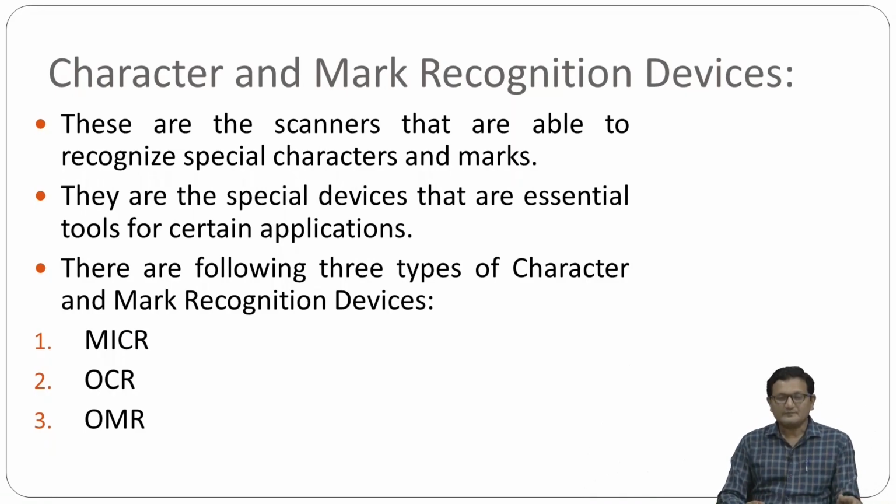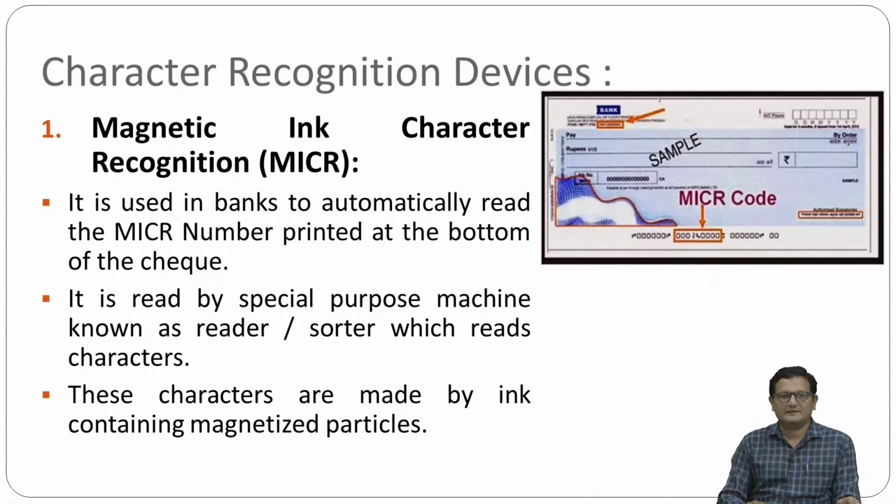Okay, so the next thing is called MICR. Here I have shown a sample checkbook, and you can see this type of font at the bottom of the check. Some information related to this particular check or bank is encoded by the bank's branch, and obviously at the time of processing this check, the machine will read the information written here.